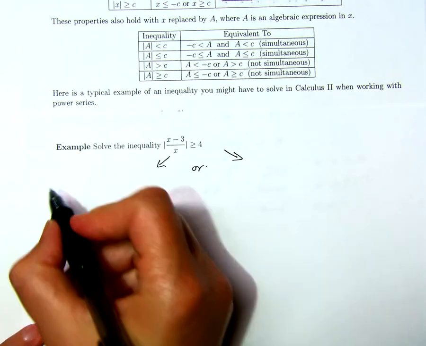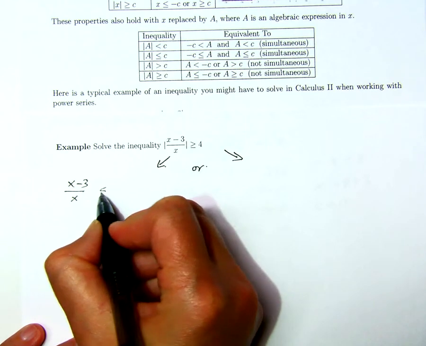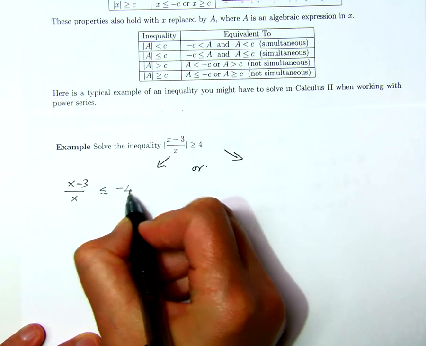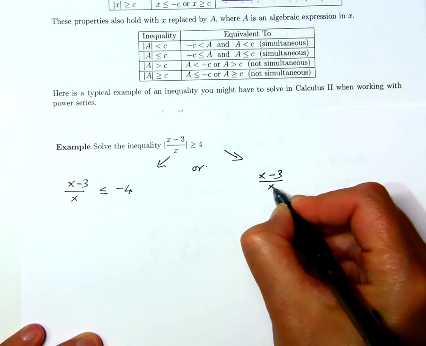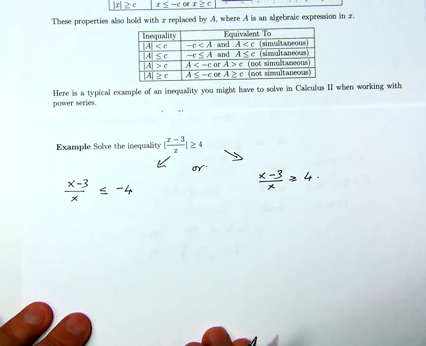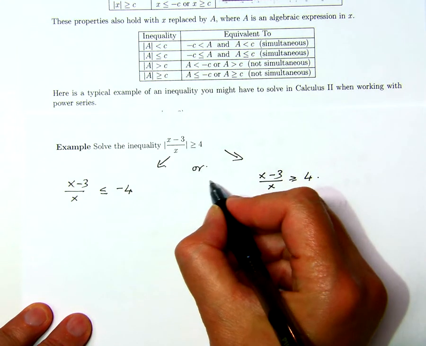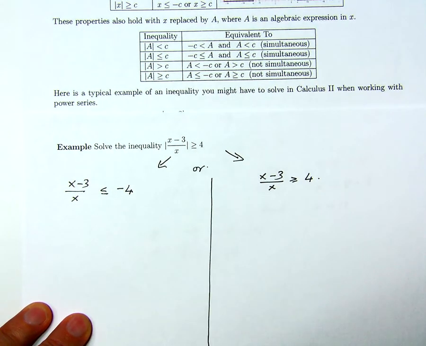We either have x minus 3 over x is less than or equal to minus 4, or x minus 3 over x is greater than or equal to 4. And now we solve these two separately, and we take the union of their solutions.